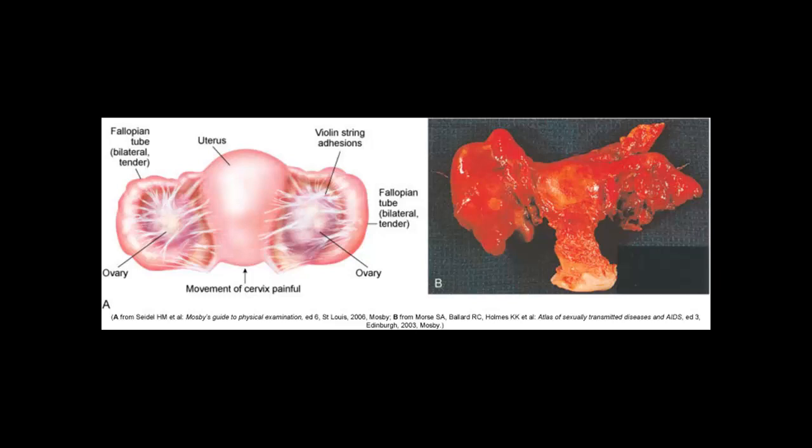And we're going to see some changes occurring in the ovaries, some changes occurring in the structures around the ovaries. So you see some of the things here. Look at the picture on the right there. You'll see a lot of destruction occurring to the ovaries and the fallopian tubes. On the left-hand side, you see more of a graphic description here where the fallopian tube has become tender bilaterally, maybe swollen, etc., filled with fluid. We have these violin string adhesions that are going on there.